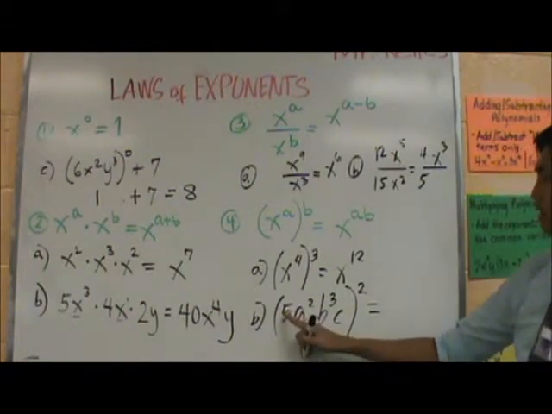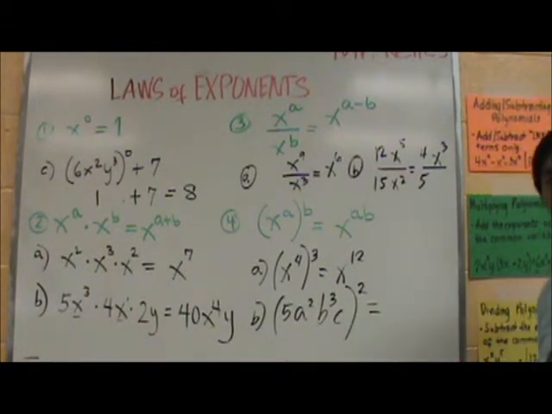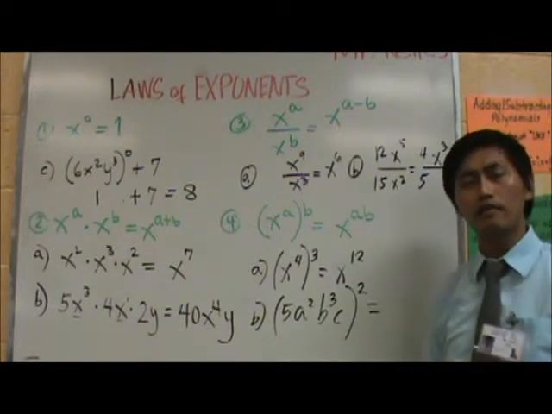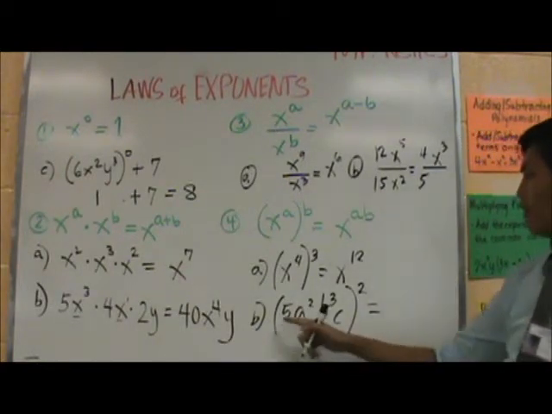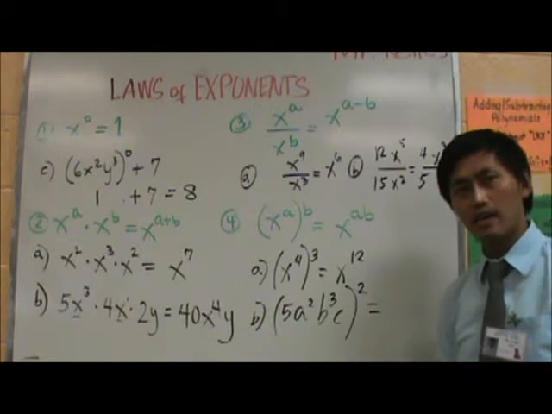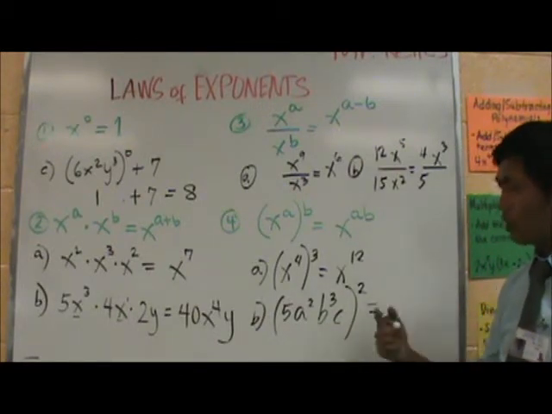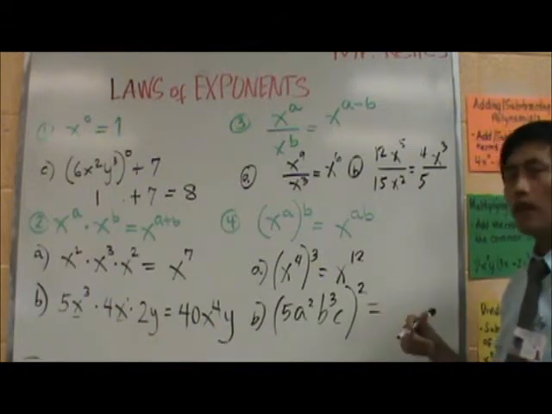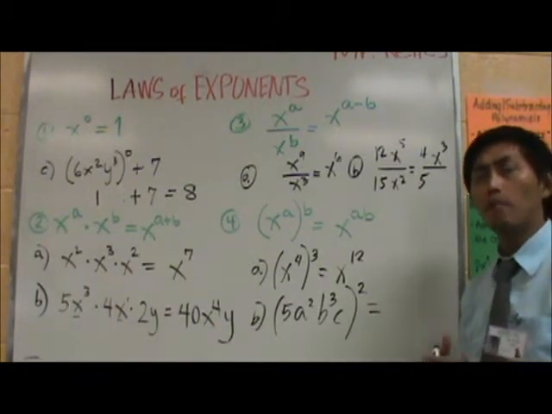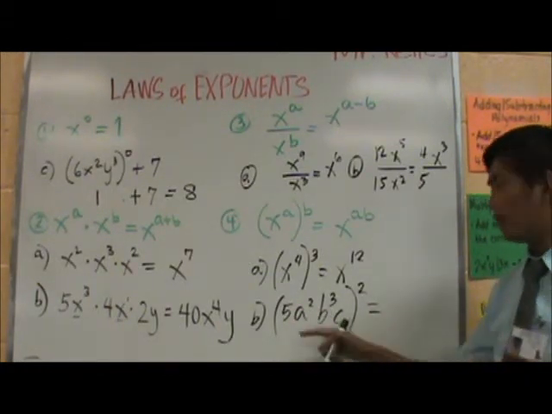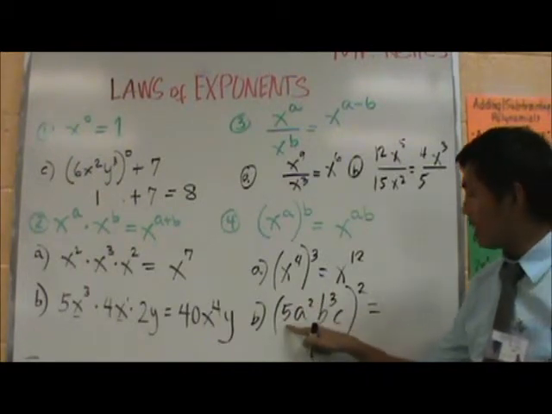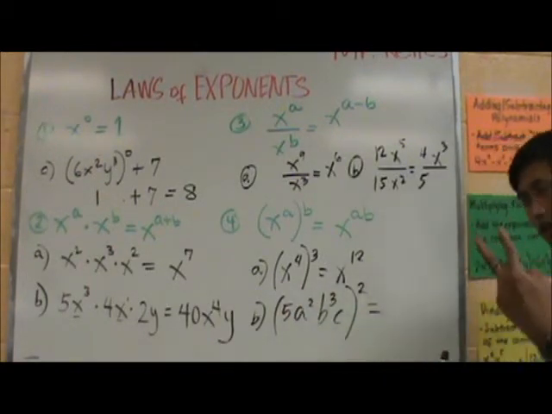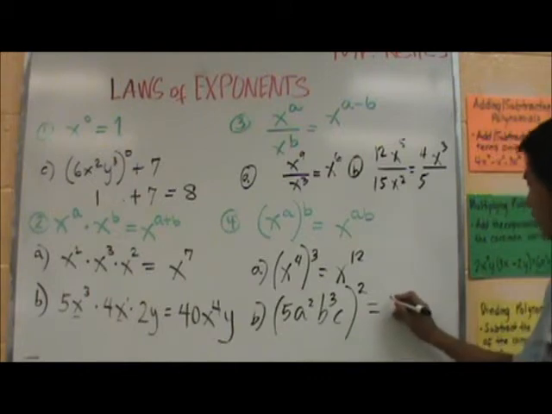So 5 to the 2nd gives you 5 times 5. A lot of you are confused about 5 squared. Some of you are giving me 10. 5 squared is actually 5 times 5. The exponent tells you the number of times you multiply the base by itself. That means we multiply 5 by itself twice, so 5 times 5 gives you 25.